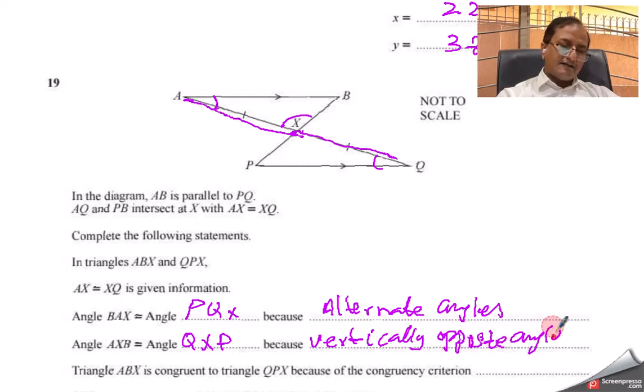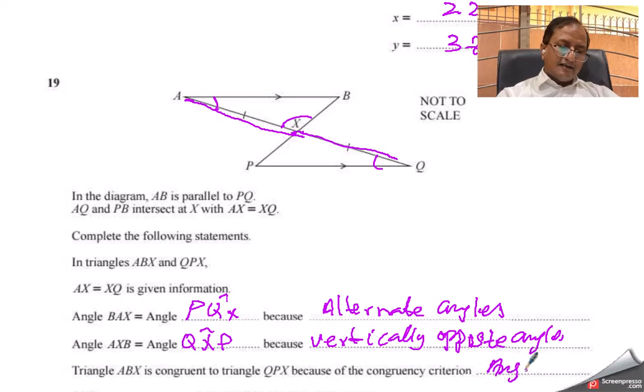Now the last part: triangle ABX is congruent to triangle QPX, because of the congruency criterion, that is angle, angle, side.